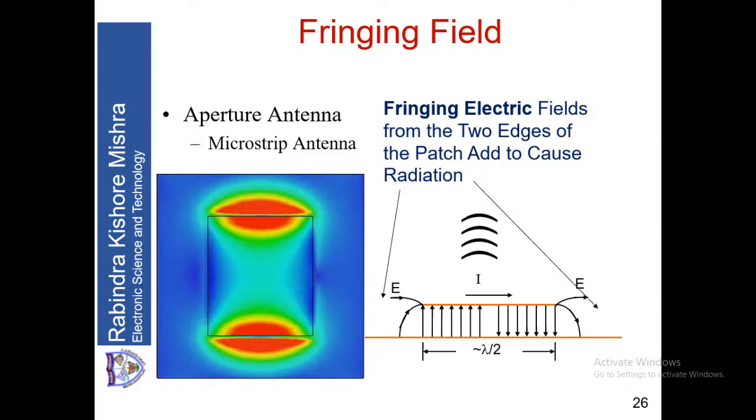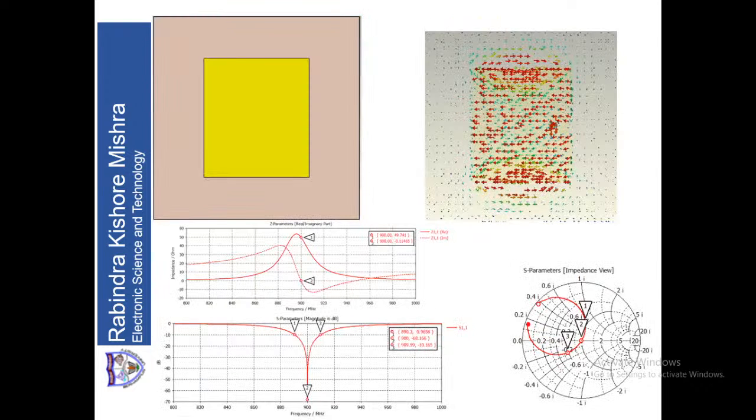So there will be no radiation due to the edges along the length, but there will be radiation due to the edges along the W. These two edges from which radiation comes out are called the radiating edges of the microstrip antenna, and the two edges which do not contribute to radiation are called non-radiating edges. And this is about the fringing field. If you want to see how the field is configured, this shows you the field configuration.